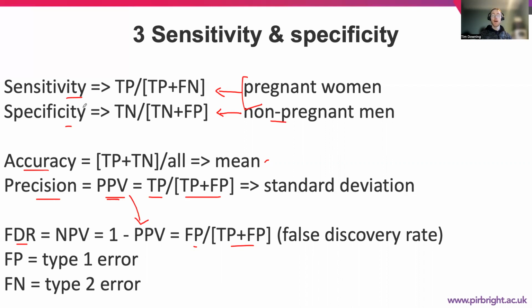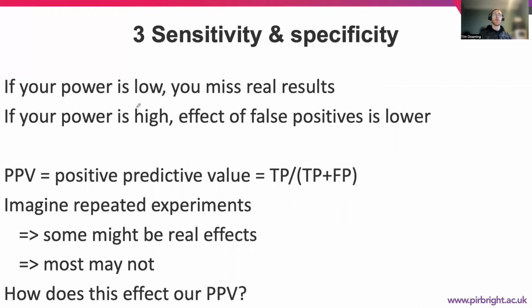So what we're trying to tackle here is this issue that if power is low, we want higher sample sizes, and that will mean we can detect real results and have higher specificity and sensitivity. And that will mean that the effect of false positives is lower.